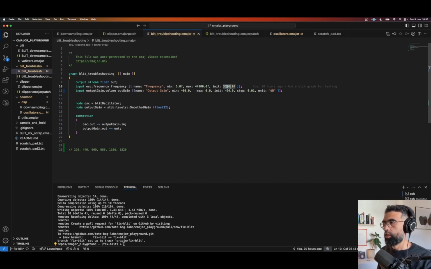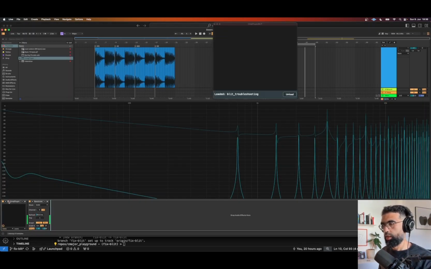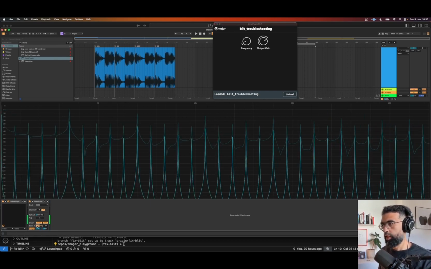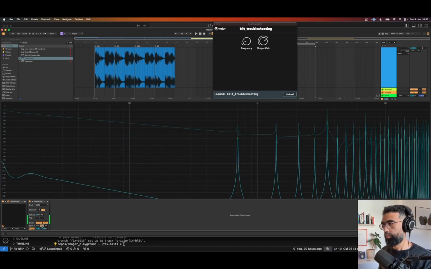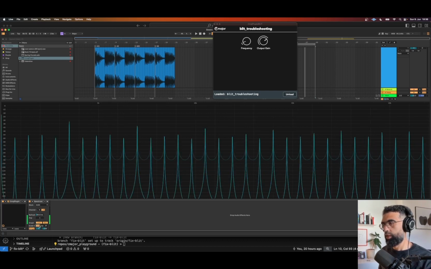But check out what happens when we change it to 3500 Hertz. And also, I'm going to move from linear to log, just because it feels easier to grab hold of these, especially when the fundamental is low.